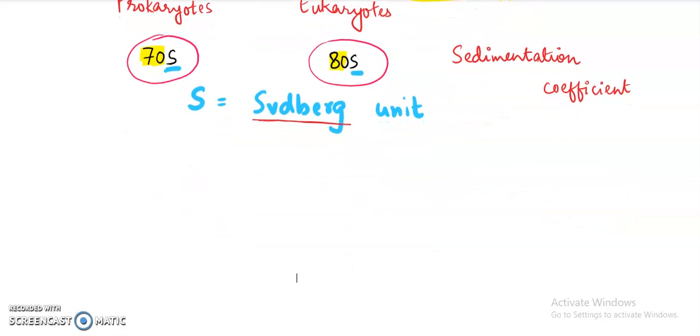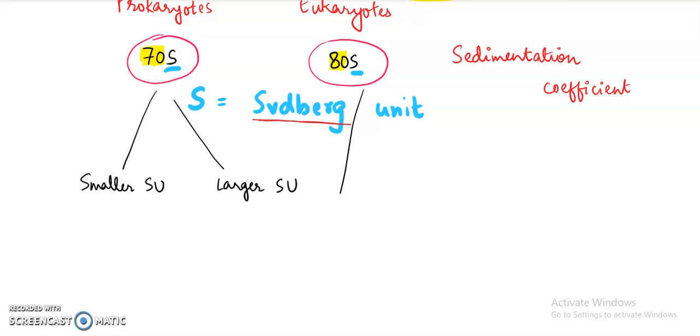Now we will also see how the values of the smaller and larger subunits vary. In both prokaryotes and eukaryotes, the ribosome will definitely have a smaller subunit and a larger subunit. In the 80S, the same condition is followed: smaller subunit and larger subunit.